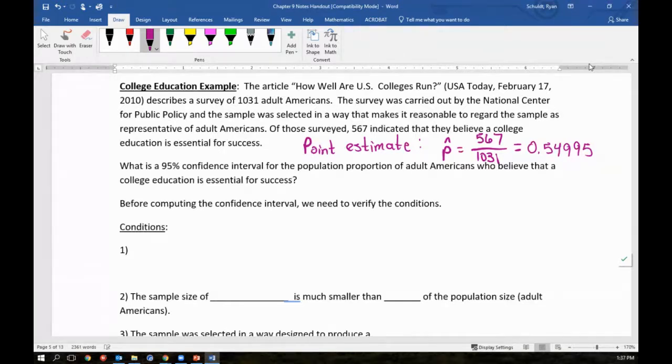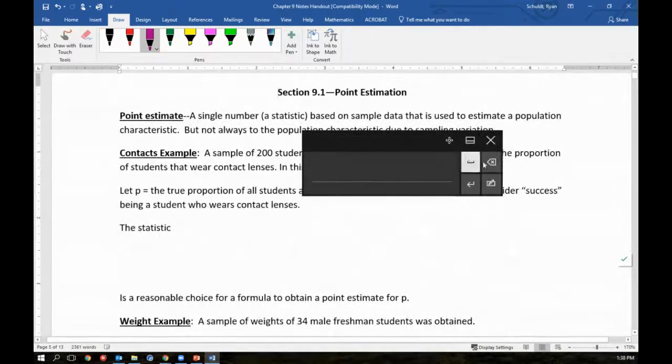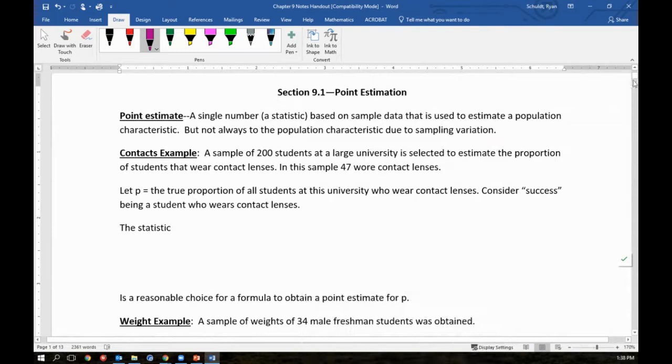So we have to check to make sure n times p hat is greater than 10. 1031 times 0.54.